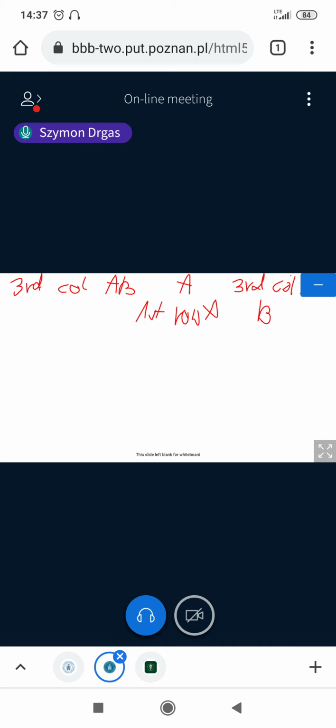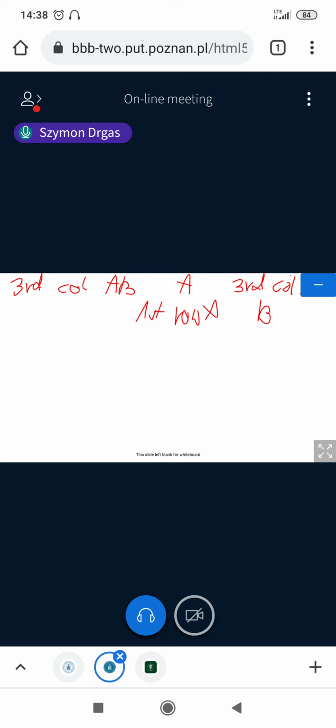So we need element 3, 1 of AB. Third row times fourth column.